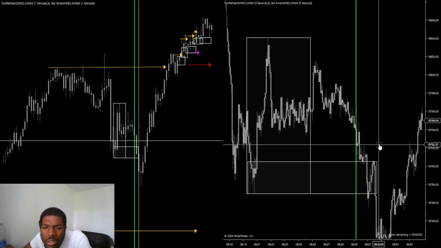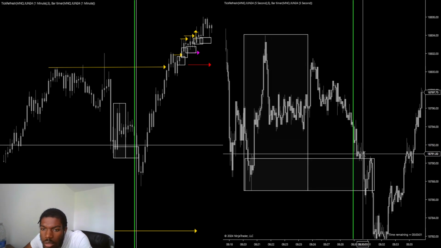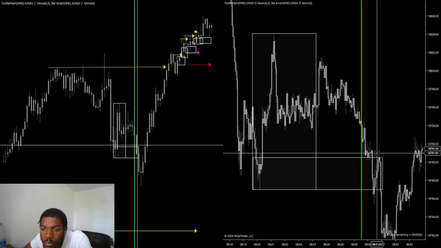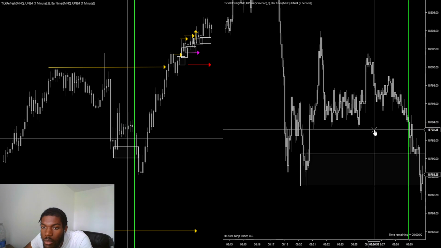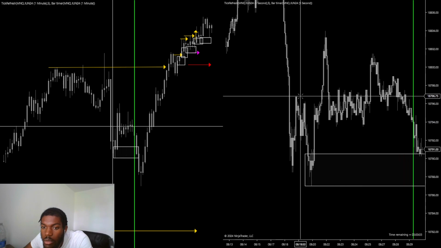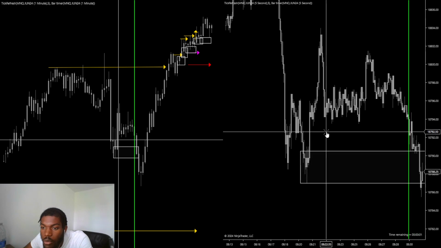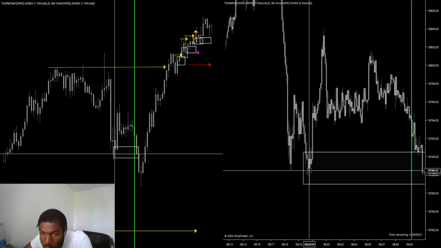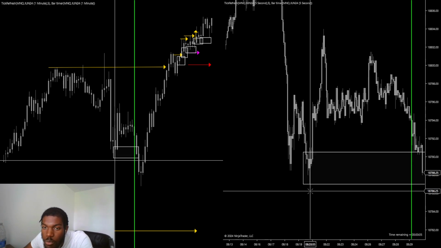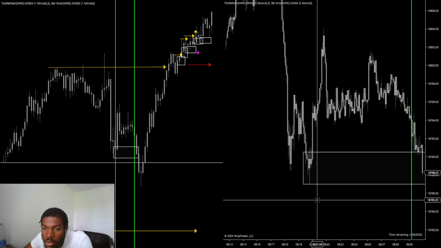In fact, wait, no, I don't even think it's that, because that would have been before, right? So it starts from the high of the down candle responsible for the structural low.